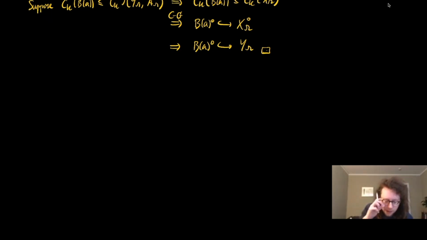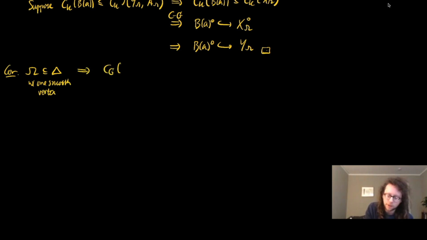And so as a corollary to this, one obtains that if omega is inside delta with, say, one smooth vertex, then the Gromov width of omega is less than or equal to the Gromov width of X_omega is less than or equal to the Gromov width of X_delta.